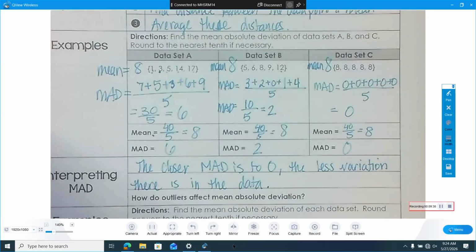So what that means is the closer we are to 0, the better our data is. The data is a lot closer to the average value, the mean. All right.